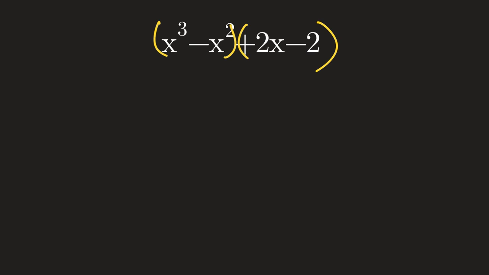What's going to be your GCF for the first 2 terms? X squared. I agree. You know, technically, big number stuff, it's a 1. But again, we already know 1 does not help us a whole lot. Now, if you take x squared out of both those terms, what's left? X and minus 1.